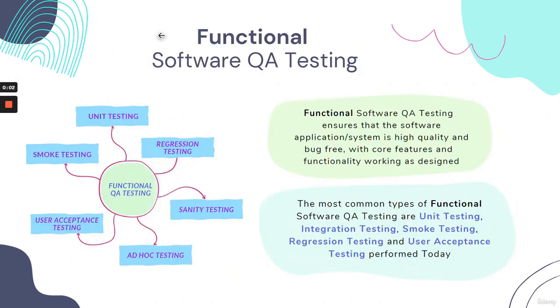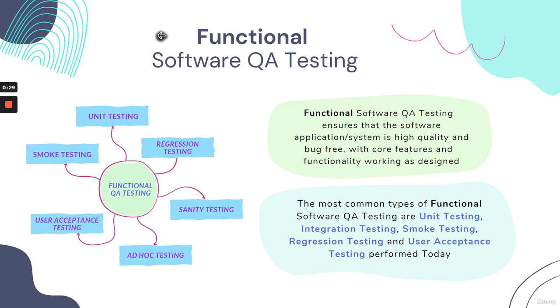The first type of software testing that we will explore is functional software testing. Functional software testing ensures that the software application or system is high quality and bug-free, with core features and functionality working as designed.